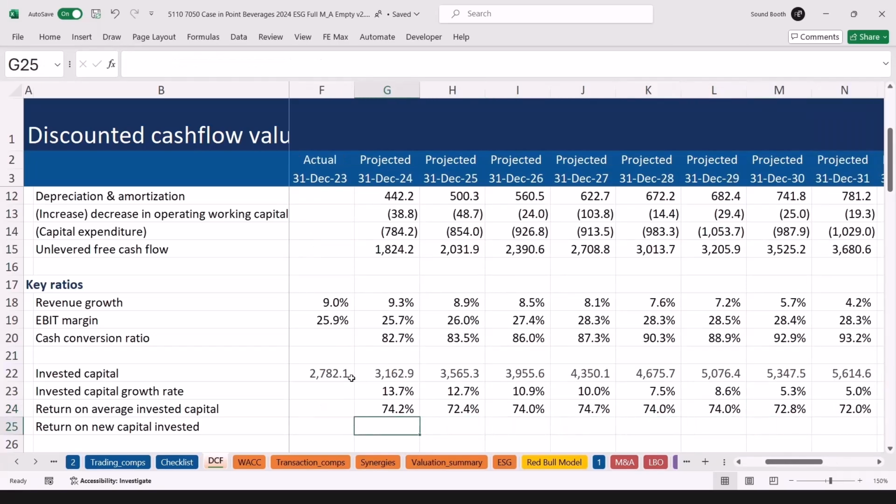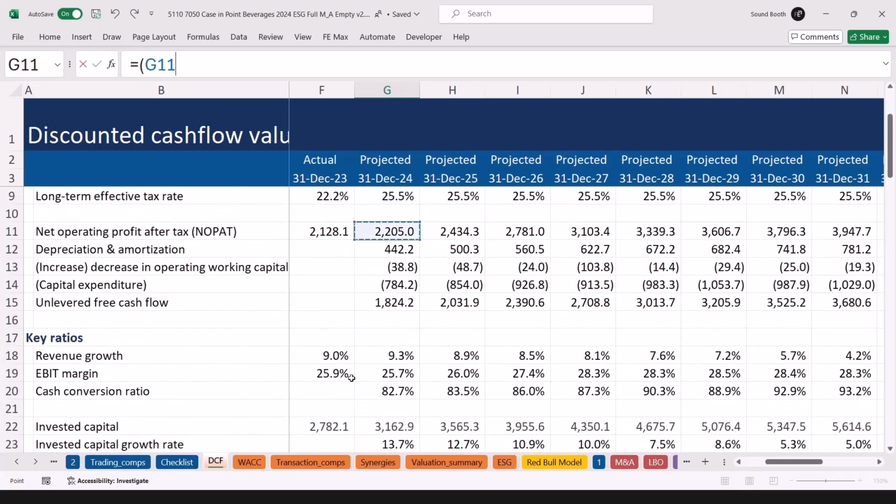The next item is to do the return on new capital invested. What we're looking at here is the incremental growth in NOPAT versus the incremental investment in the business. So I'll start by taking the 2024 NOPAT number and subtracting the 2023 NOPAT number. You can see that there's been an increase in profits.